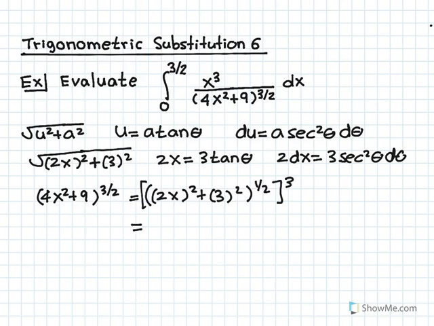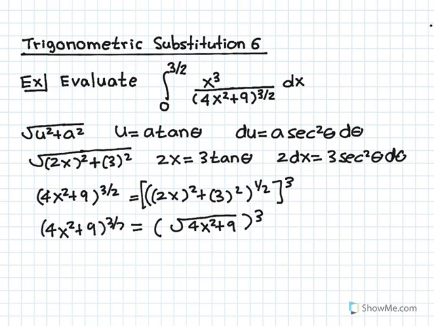So equivalently, we can say that what we have is root of 4x squared plus 9, to the power of 3. So we can see where the root sign comes from. 4x squared plus 9 to the power of 3/2 is equal to root of 4x squared plus 9, all to the power of 3. Alright, so now we also have to change the limits.